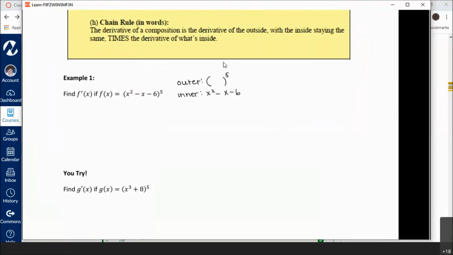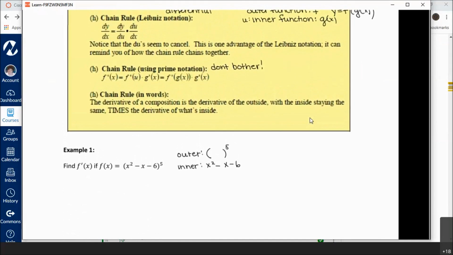I've deliberately left the parentheses alone. I haven't put anything in here. Sometimes when I describe it, I think of this as your inner function, but we're going to leave it alone. In this notation up here, you would have u to the fifth.